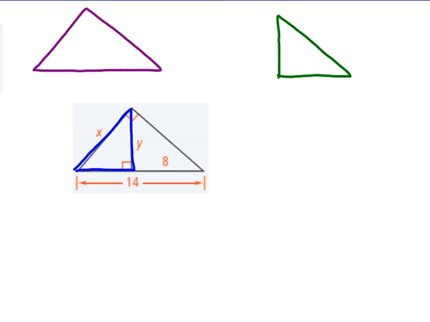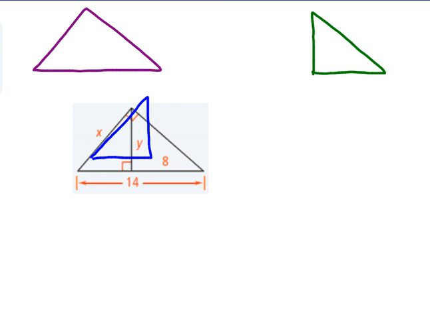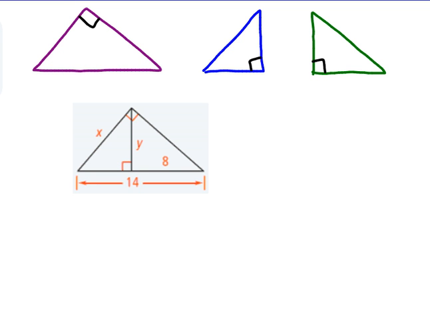Actually, let me scoot this over here, and then I'll put this over here. And then let's label our triangle. So we're going to have a right angle, a right angle, a right angle, and this is 14, this is x, and our blue triangle, this is 6, this is x, this is y, this is 8, this is y.